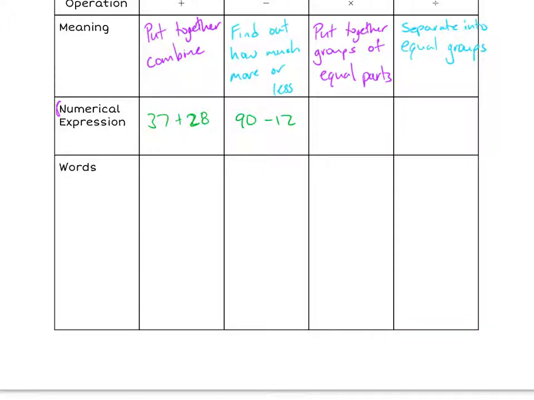Multiplication. Write this one at the top because I've got 4 different ways to write multiplication in here. So save some space. 8 times 48. You can write it like that. We could write it with a dot.